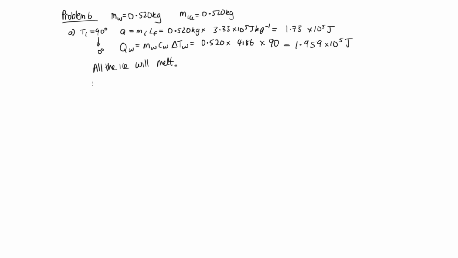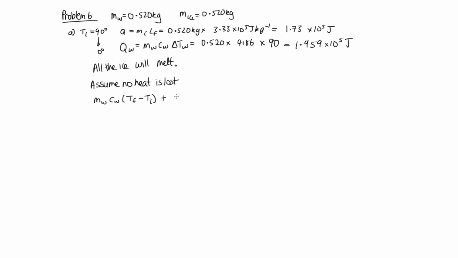Now, if we make the assumption that no heat is lost, then we can say the heat lost by the water, which is given by the mass of water times the heat capacity of water times the change in temperature of the water, which is the final temperature of the water minus the initial temperature of the water. This is the 90 degrees, and this is whatever temperature it ends up at. Now, the ice itself gains heat as well.